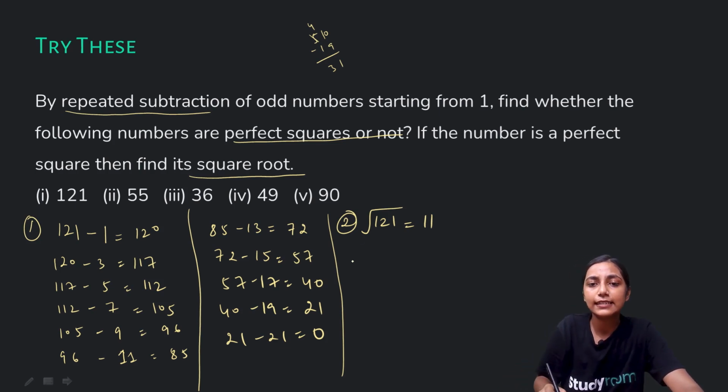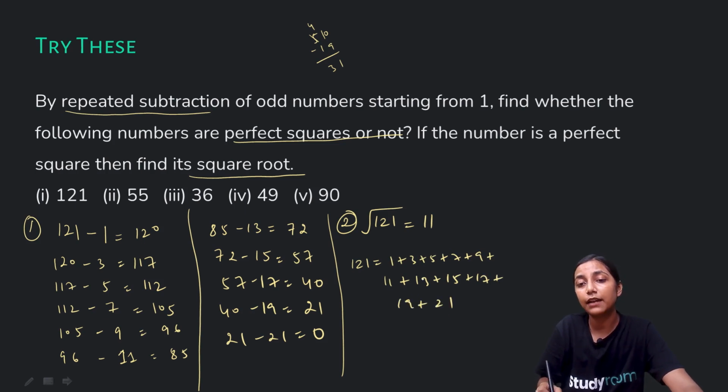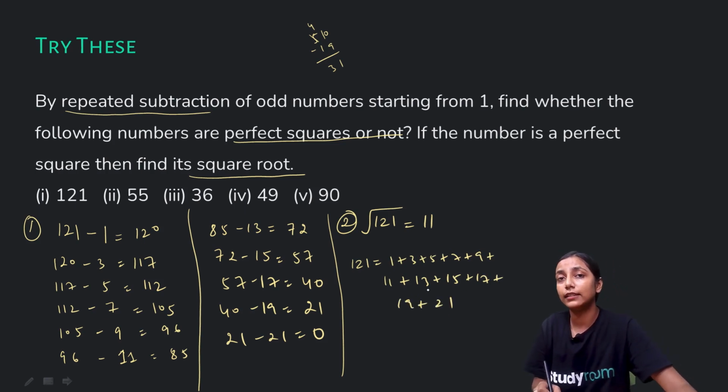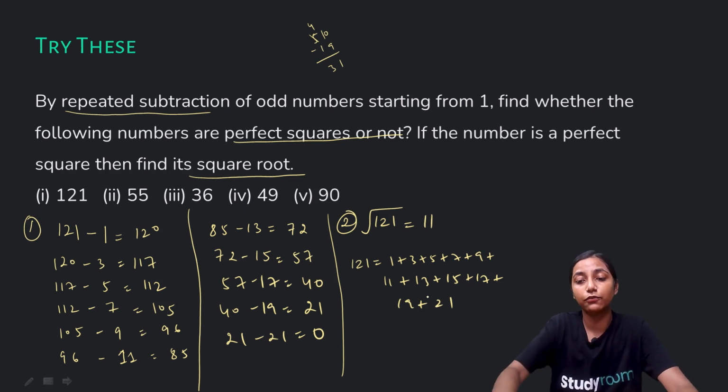And we can easily see that 121 can be written as the sum of 1 plus 3 plus 5 plus 7 plus 9 plus 11 plus 13, then 15, 17, 19, and then 21. Therefore, this is a square number, and its square root is the number of steps, that is 11.